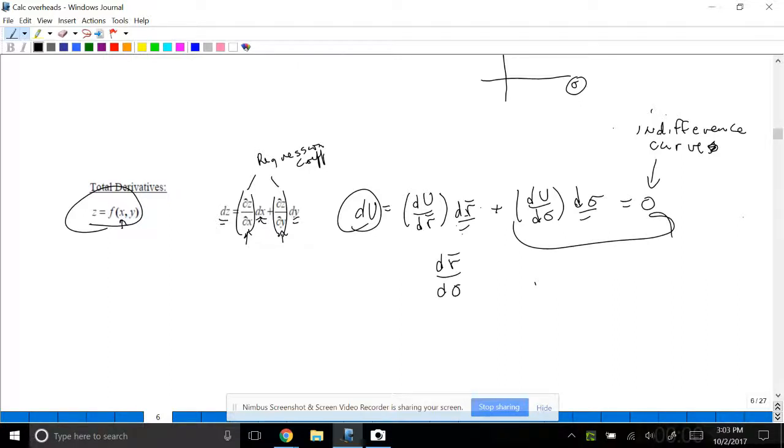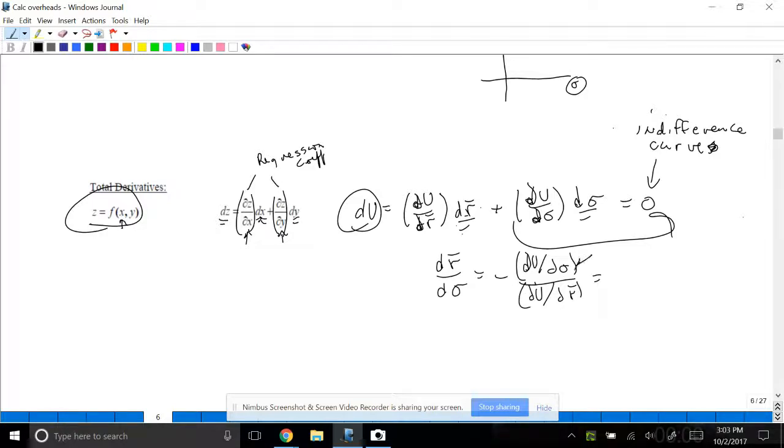And so what do we have here? We have the derivative of u with respect to volatility over the derivative of u with respect to expected returns.